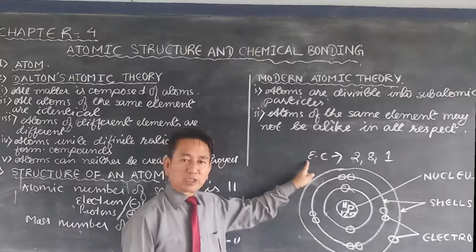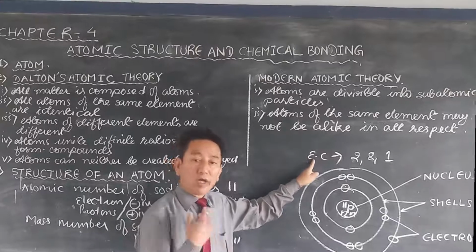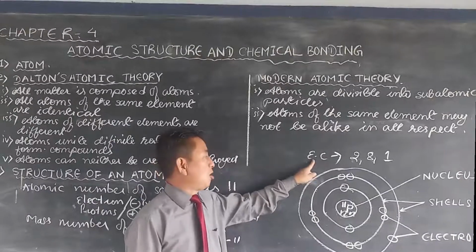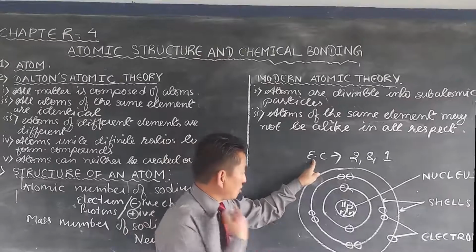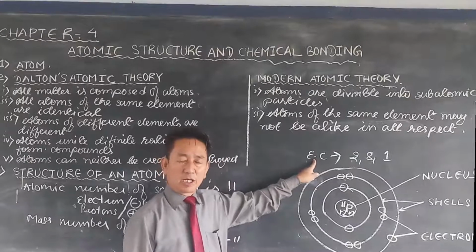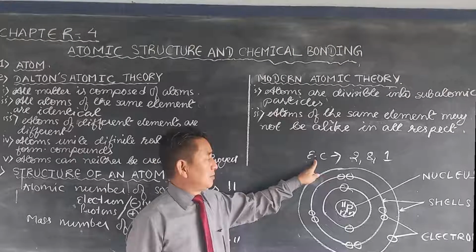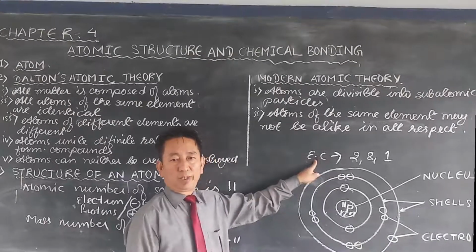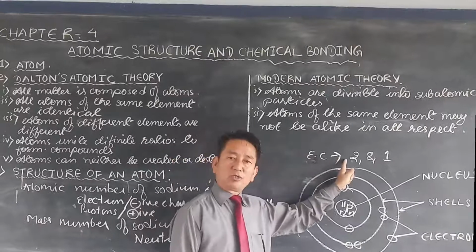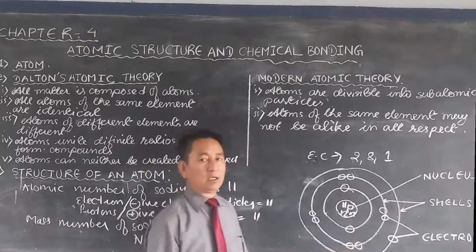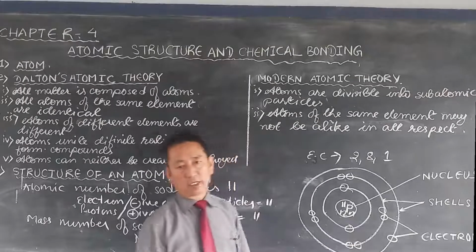Electronic configuration means the arrangement or distribution of electrons into the respective cells, which follows certain rules. By the rule 2n square, the first cell accommodates only 2 electrons, second cell 8, third cell 18, fourth cell 32, and so on.